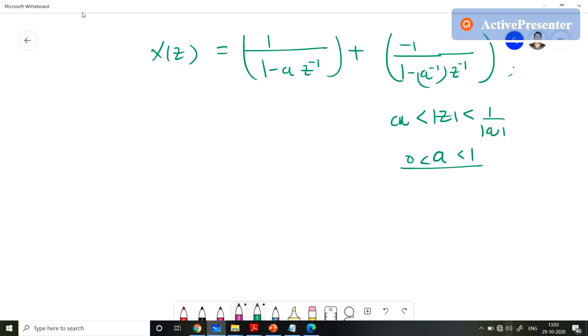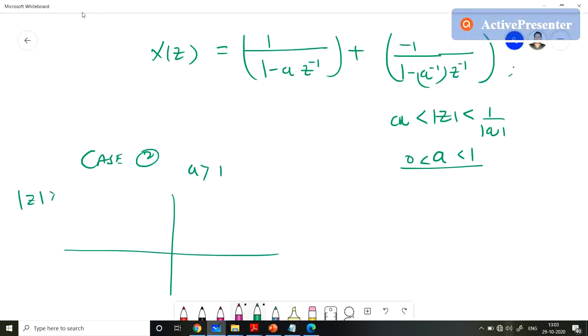Now let us take the other case, when A is greater than 1. So let us consider that case. Case 2 is when we have A greater than 1, then modulus of Z greater than modulus of A. You have the unit circle, and A is greater than 1, so that circle is somewhere outside.